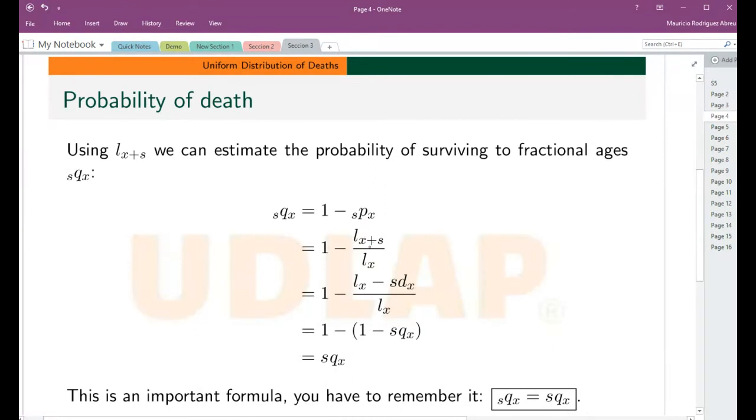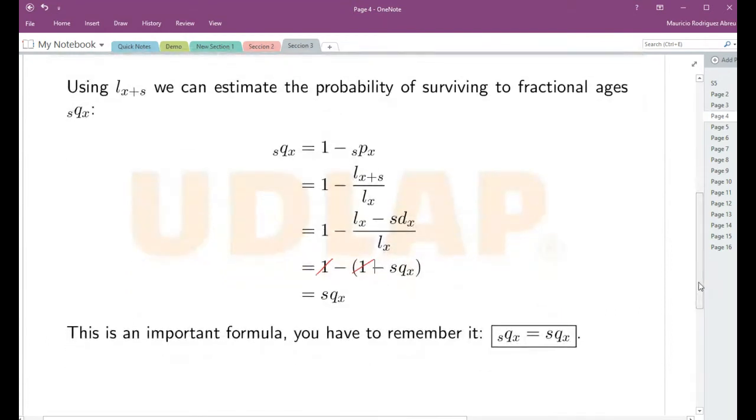And now, this is the reason we defined the previous thing, because we can replace the number of survivors at age x plus s as those that we have at age x, and then subtracting s times the number of people who are dying in that year. And here we can just work this operation. So we will have 1 minus 1, these two will go away, and the negative with the negative sign will become a positive sign, okay?